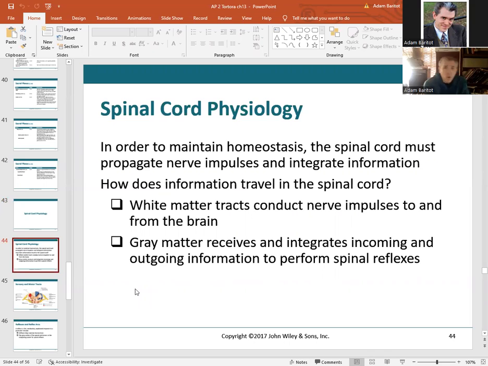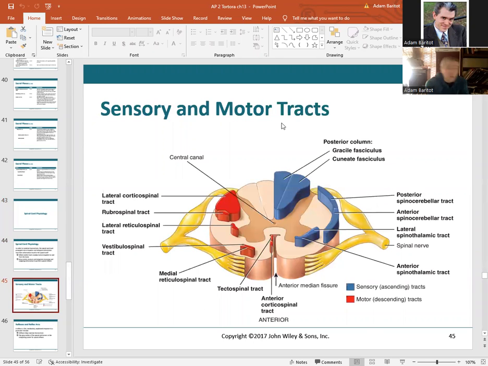We all remember that white matter tracts conduct nerve impulses to and from the brain, and gray matter receives and integrates incoming messages. When it comes to the spinal cord, the gray matter is going to perform spinal reflexes. Reflexes are autonomic functions where our muscles will contract to prevent damage and maintain homeostasis.